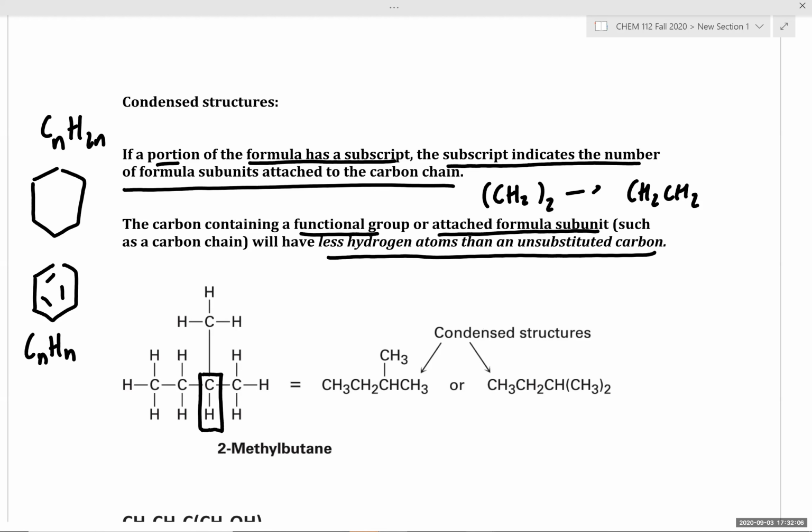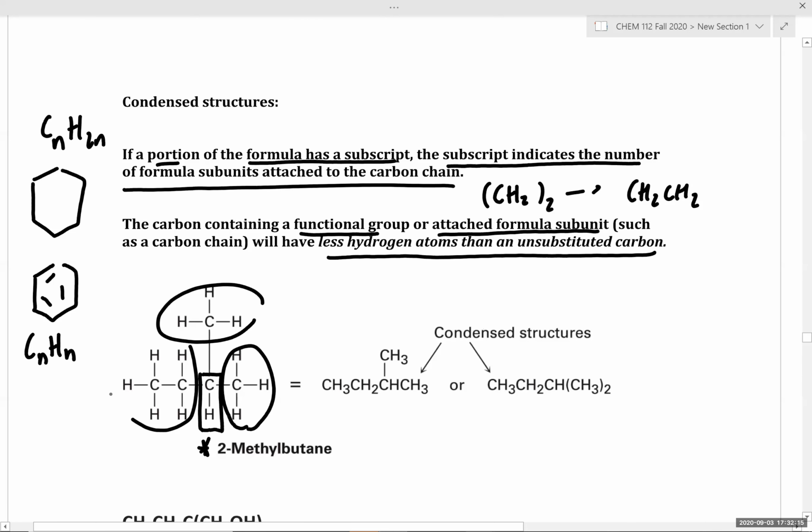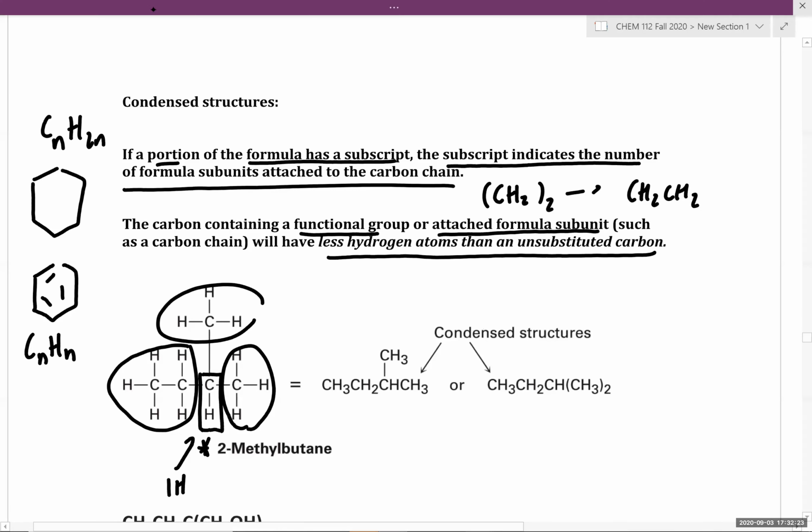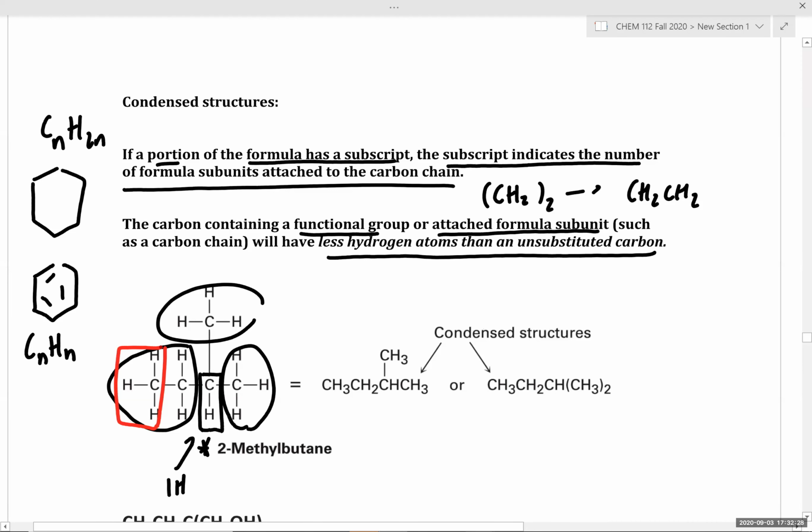Now, this is very closely tied to this discussion, because if we pay attention to this carbon here, we have 2 things attached to it in our main chain. Does everyone notice how this carbon just has 1 hydrogen? I'd like you to compare that to this carbon here, where it's just attached to 1 functionality, and as a result, it has 3 hydrogens. A carbon with side chains or functional groups attached to it will have fewer hydrogen atoms.